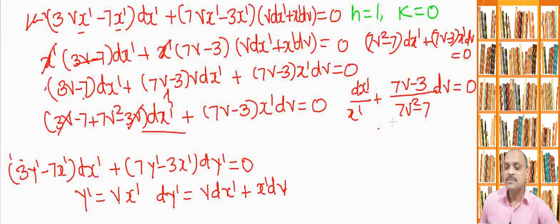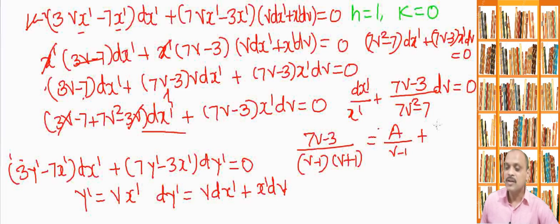So we write (7v − 3)/((v − 1)(v + 1)) equal to A/(v − 1) plus B/(v + 1), equal to (A(v + 1) + B(v − 1))/((v − 1)(v + 1)).